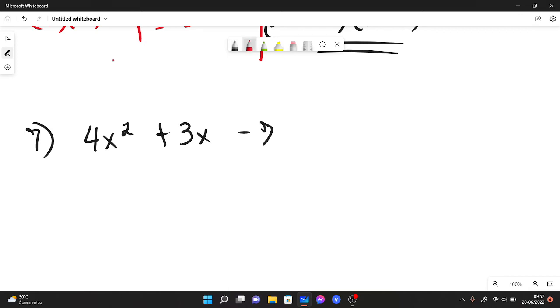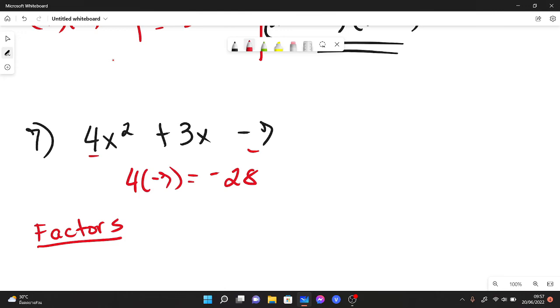Let us multiply 4 and negative 7. 4 times negative 7 is equal to negative 28. Now let us think of the factors of negative 28 that when we apply addition, it will be equal to positive 3. Let us use 4 and 7.